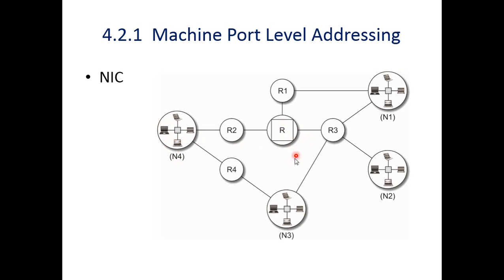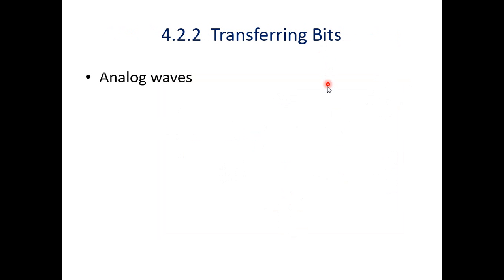This is the job of the physical layer: whatever data is at the particular router is sent to the receiver computer in a particular network, and which router it should use, either R1, R3, R4 or R2, for finally sending that data. So machine level port addressing is done at the physical layer side.